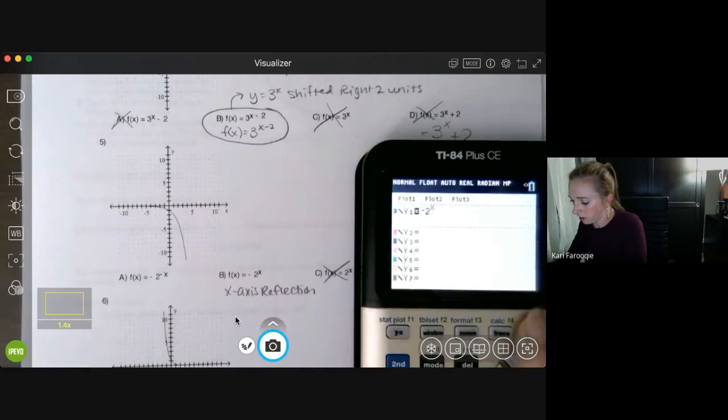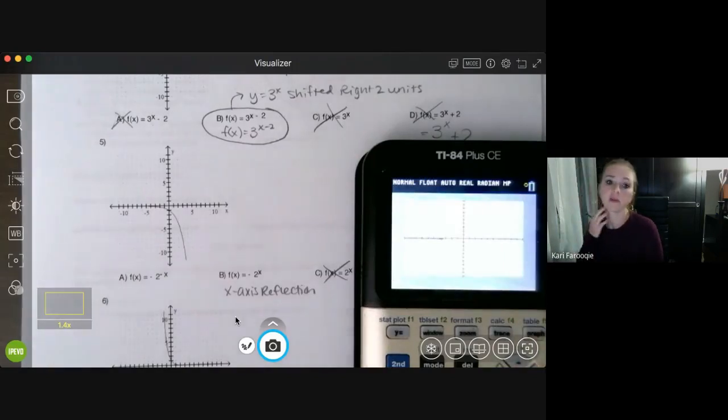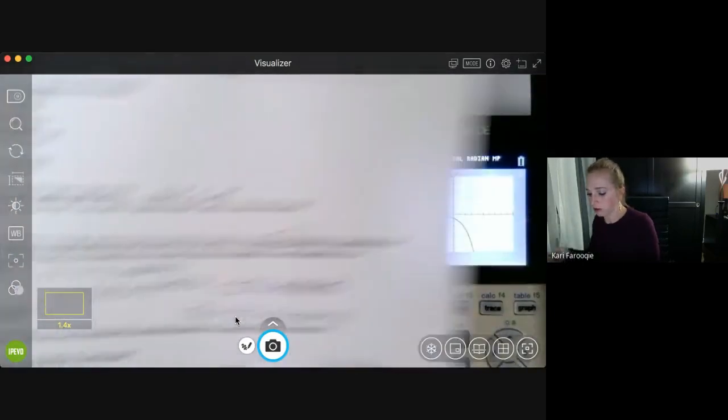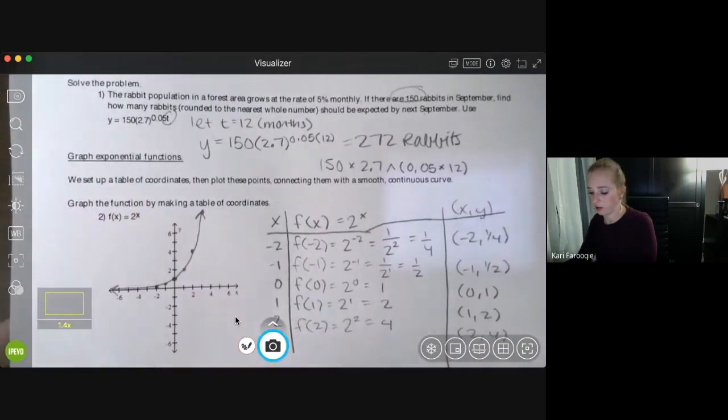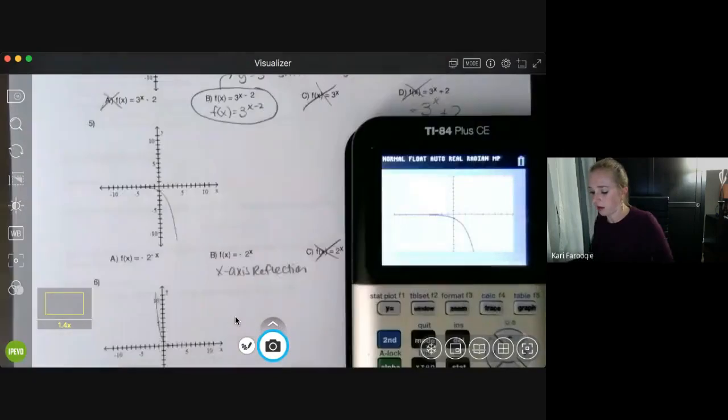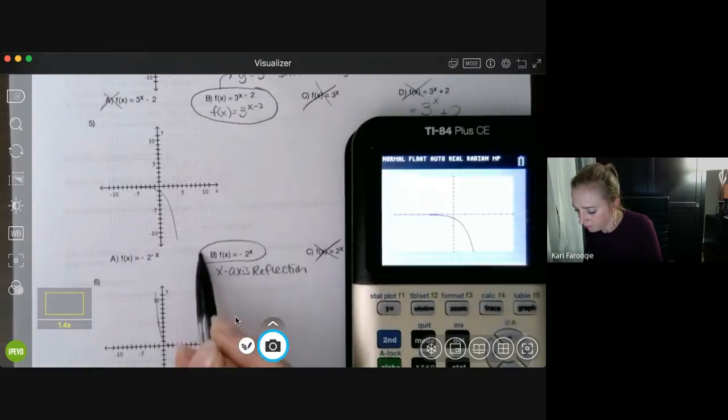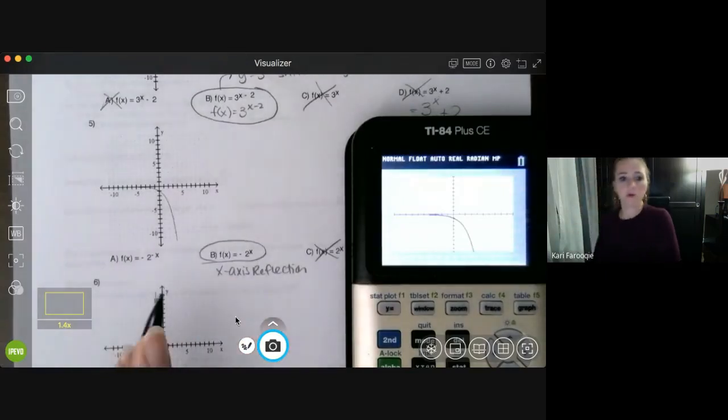Negative 2 to the x. That is your function. It's an x-axis reflection. So you took the original graph 2 to the x and you flopped it over the x-axis, and now it's heading down as you move from left to right underneath the x-axis. That's the winner.